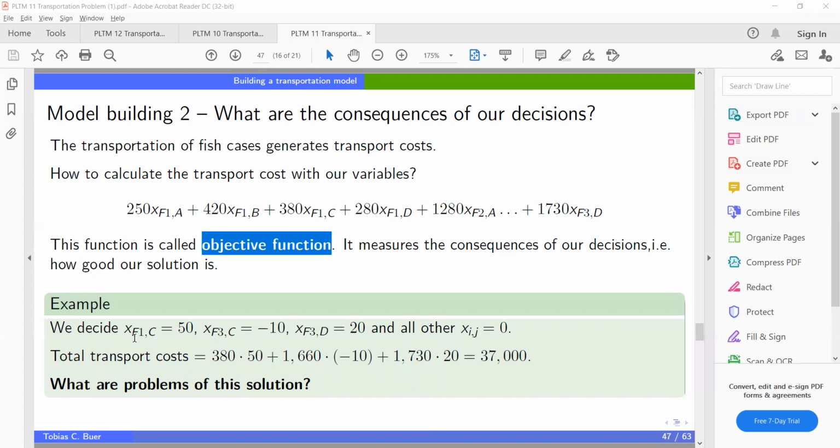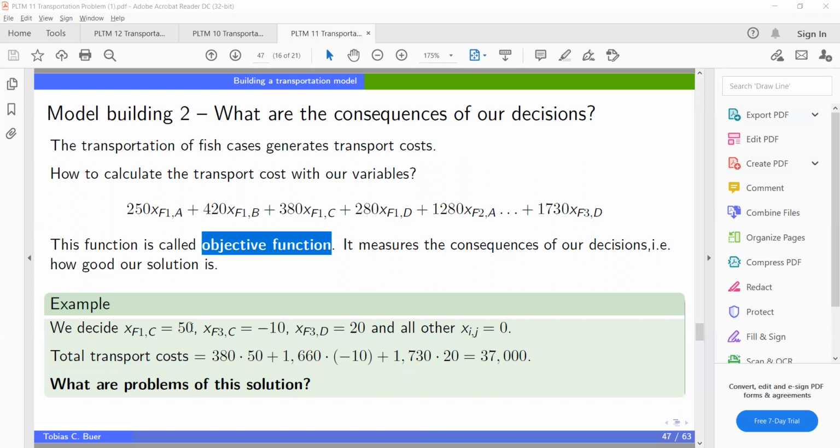What is the meaning of the decision variables? F1 to C, we transport 50 cases of fish. F3 to C, we transport minus 10 cases of fish.